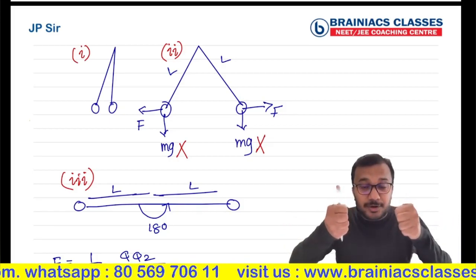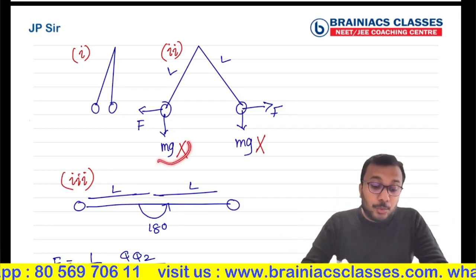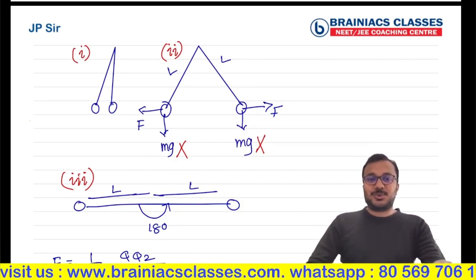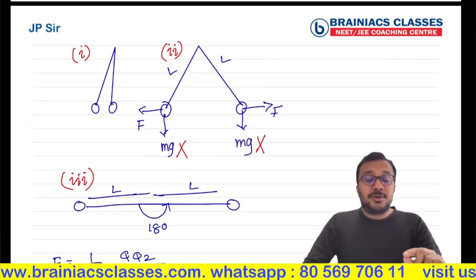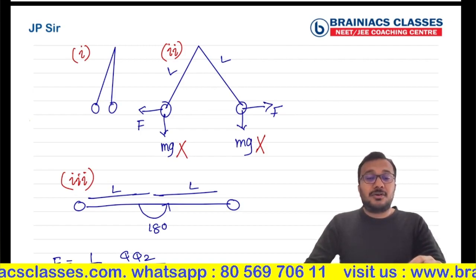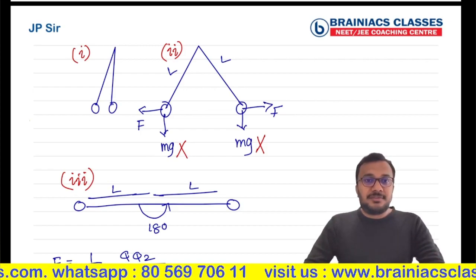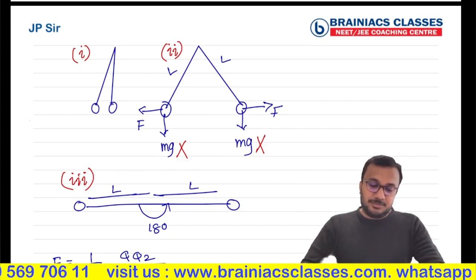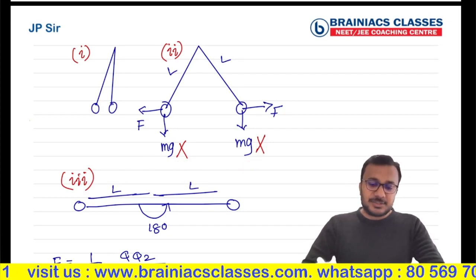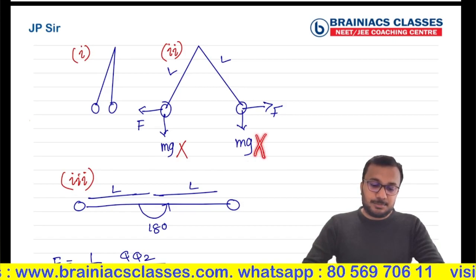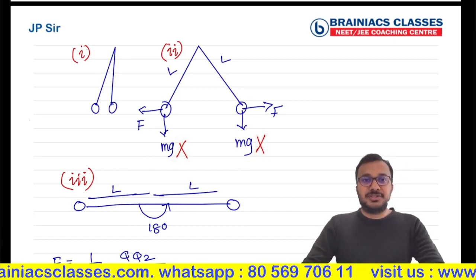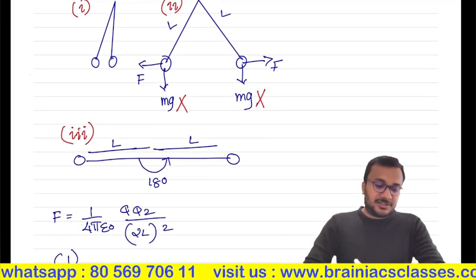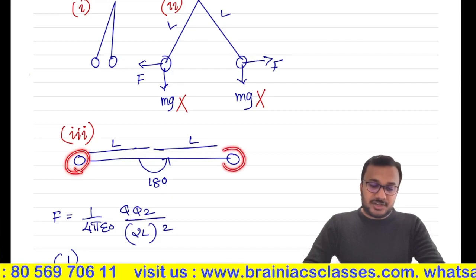And here, one important point: there is no mg. Why is there no mg? Now you know the answer. The question already told us there is no gravitational effect in space, so no gravitational effect in space means mg equal to 0. That's why I have given a cross mark here. Next, in space the structure looks like this: one charge here, one charge here.